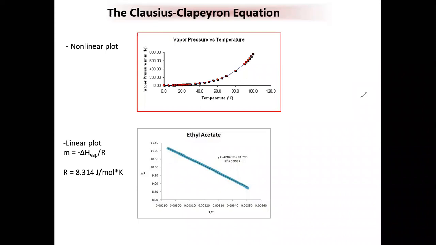So the slope equation is just negative delta H divided by R.